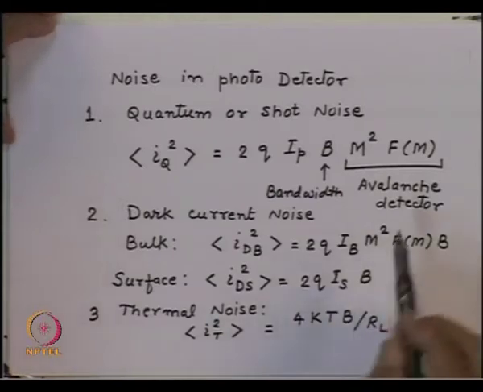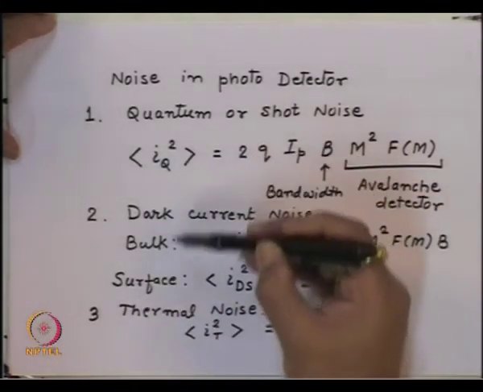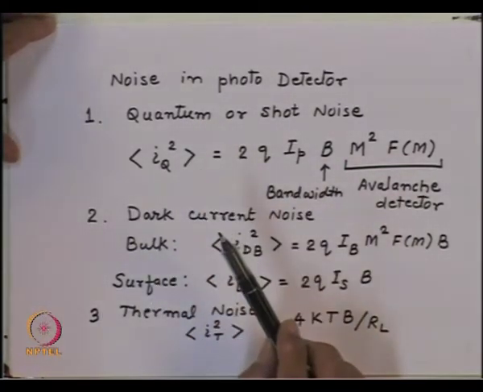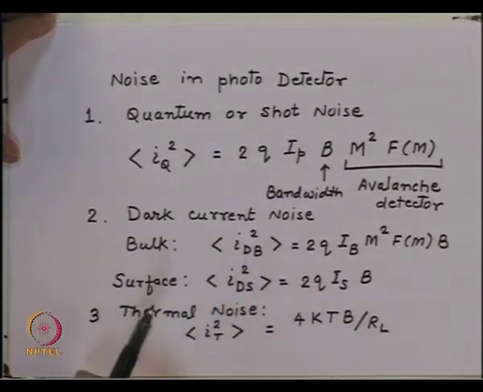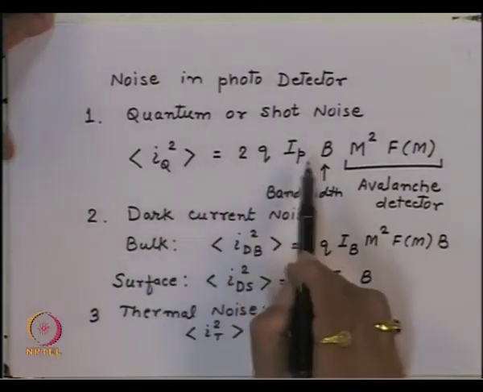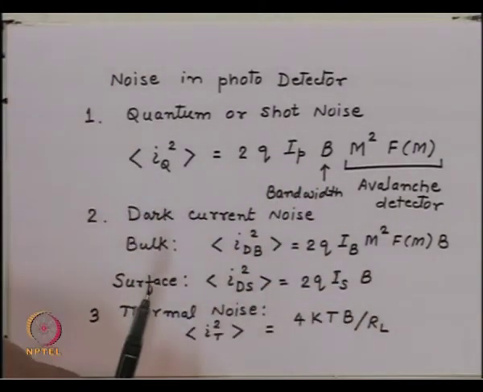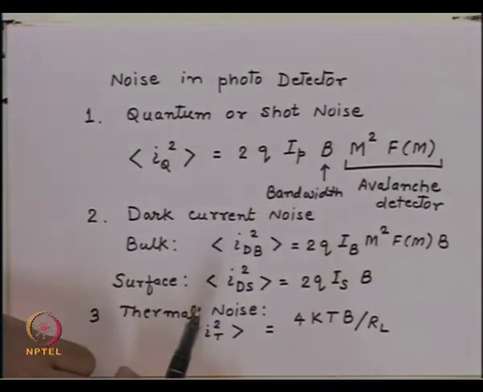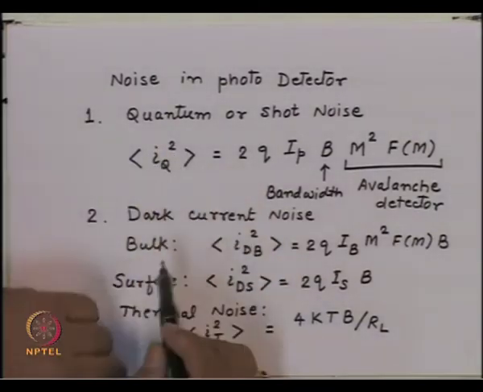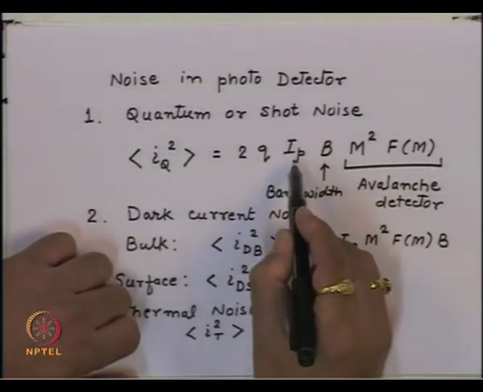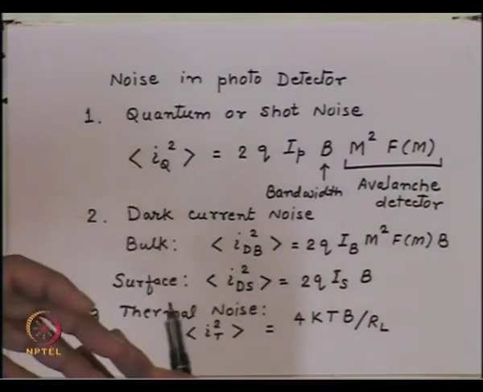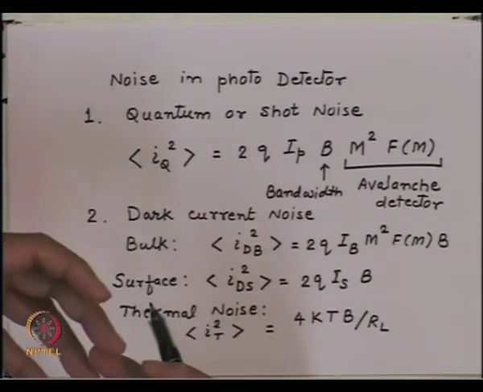So note here that when we are talking about these noises, the quantum noise and the bulk noise, they are related to the photocurrent, or in some sense these noises are essentially multiplicative noises. Take this one as an example. Since the mean square value of this fluctuation is related to the mean value of the photocurrent, if I increase the photocurrent, the noise also will increase in the same proportion.